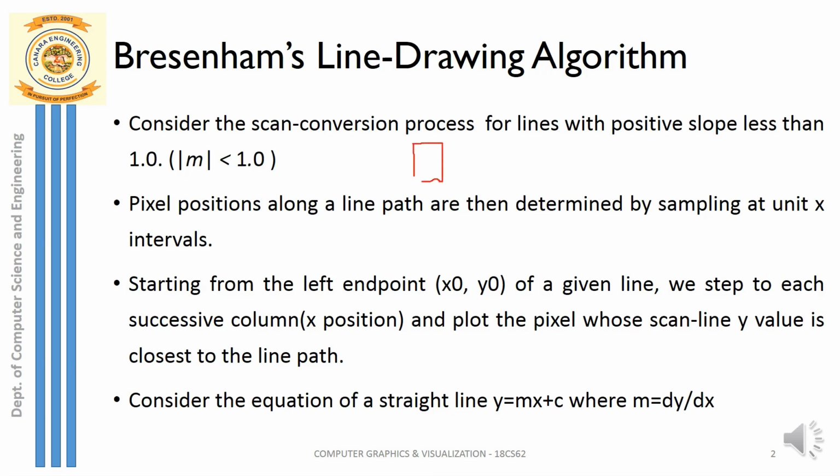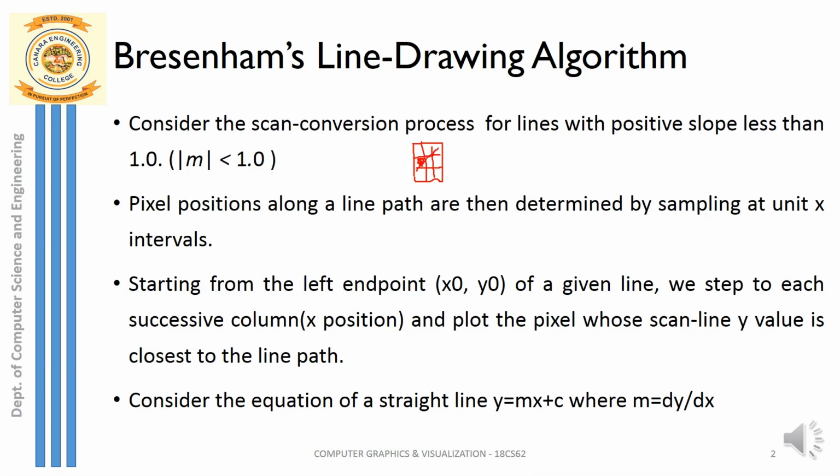Each block is considered as a pixel, and which pixel should be selected depends upon the portion of the line segment that is coming across through the pixel.